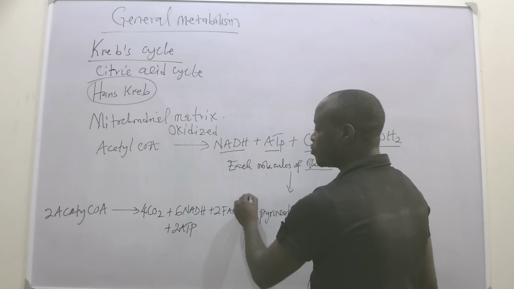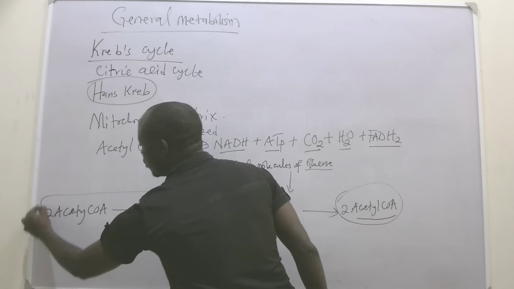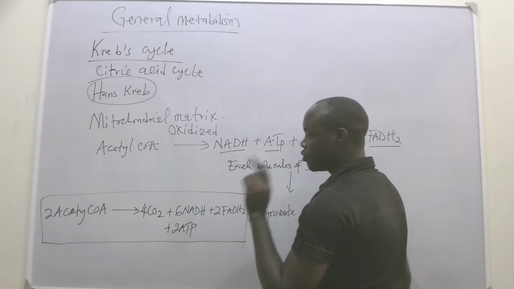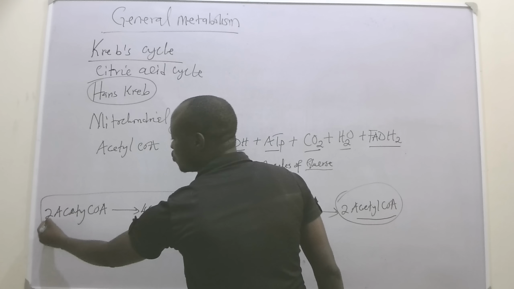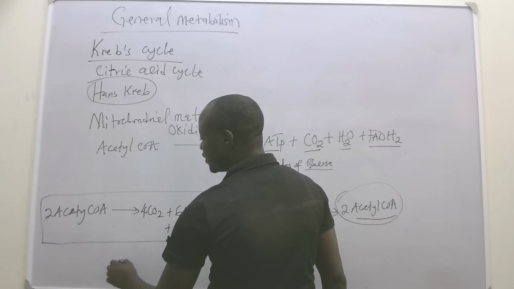So you see, for one molecule of glucose, 2 acetyl-CoA are generated.